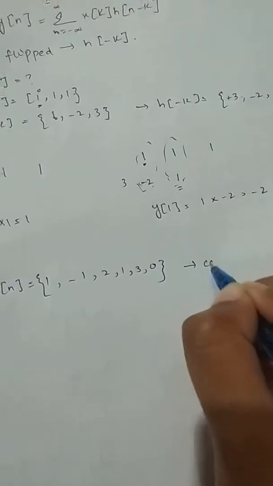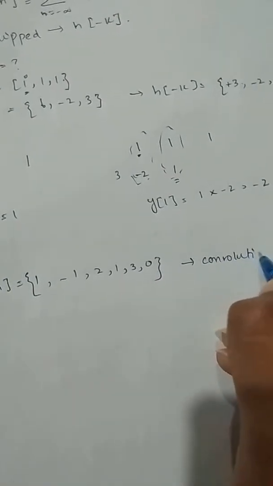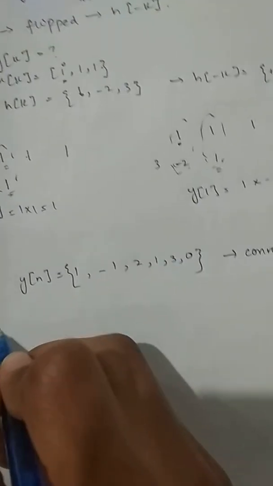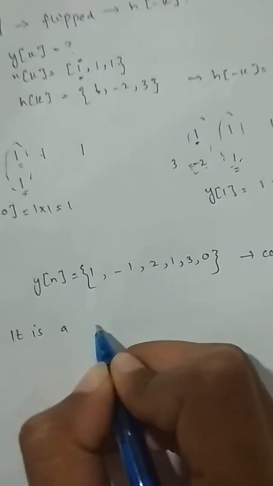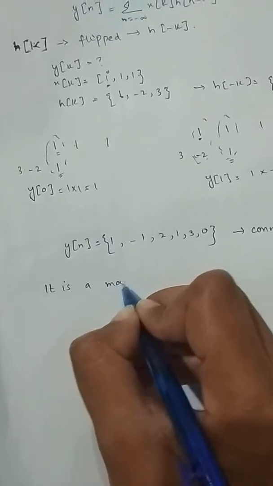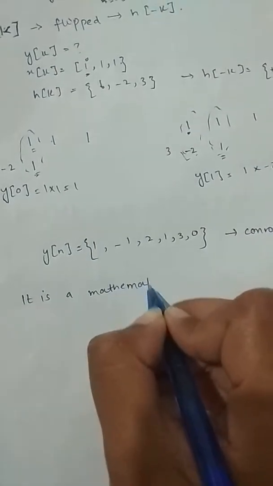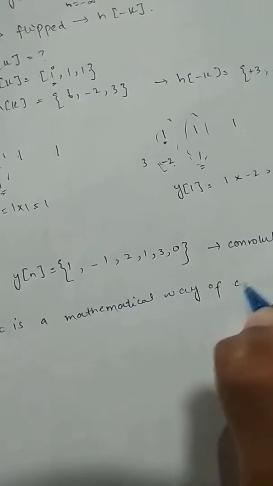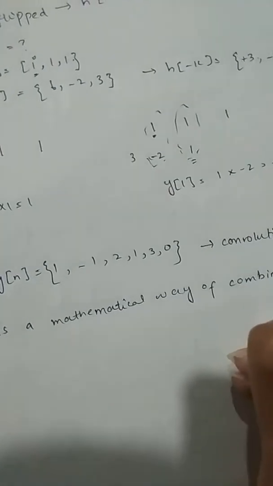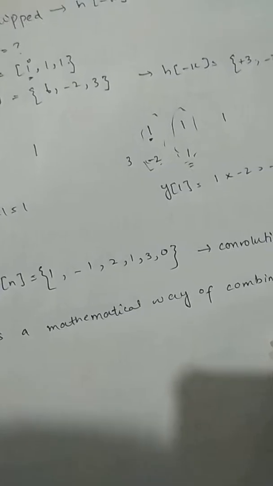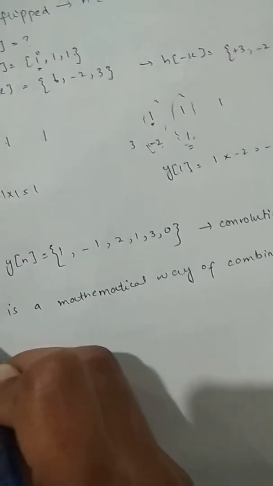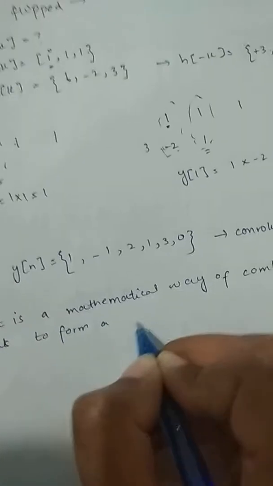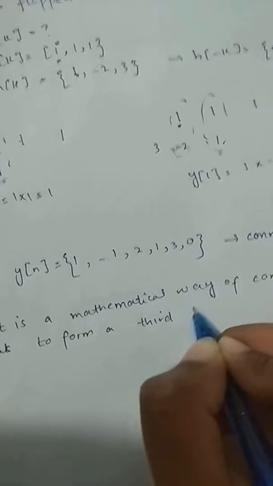This is basically called the convolution method. Convolution is a mathematical way of combining two signals to form a third signal.